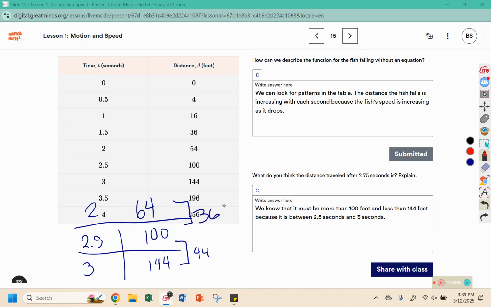And we said our acceleration, 36 plus 8, made 44. So if we were to cut this in part and put a 2.75 here, we might expect our acceleration to be 4 if we're cutting it in half again.